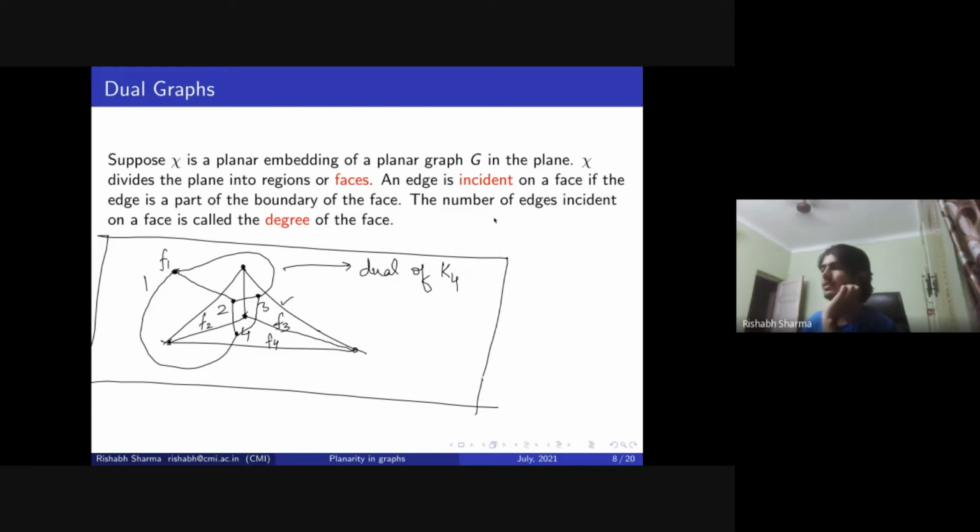So some terminology you need to be aware of, which we'll use later, is the degree of a face. So, before that, the boundary of a face. So given any face, the boundary of the face is the collection of edges bounding that face. So for example, in face 3 here, I should name edges.